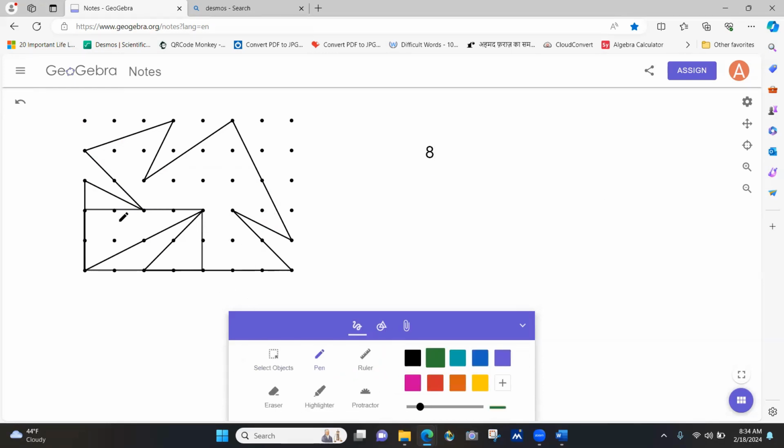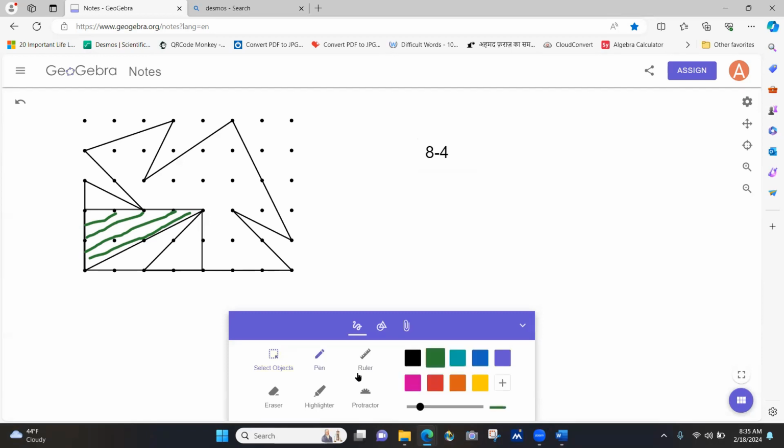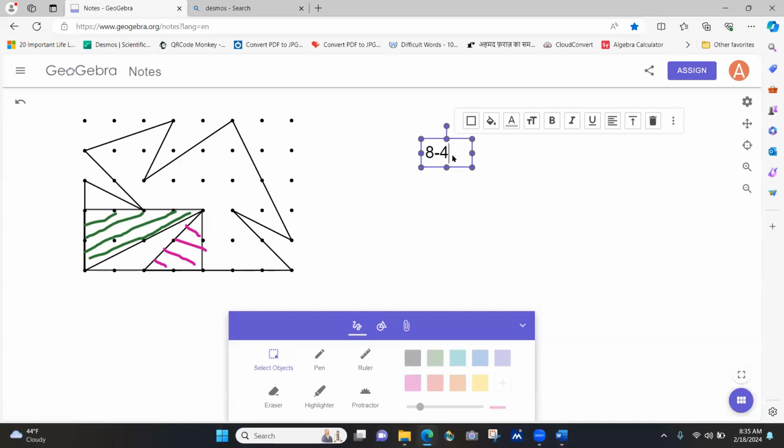And I'm going to subtract the area of this green right triangle. That's going to be 4 times 2 divided by 2. 4 times 2 is 8. 8 divided by 2 is 4. And the area of this other triangle is 2 times 2, base times height divided by 2, which is 2. So 8 minus 4 minus 2 is 2, and that's exactly what we got.